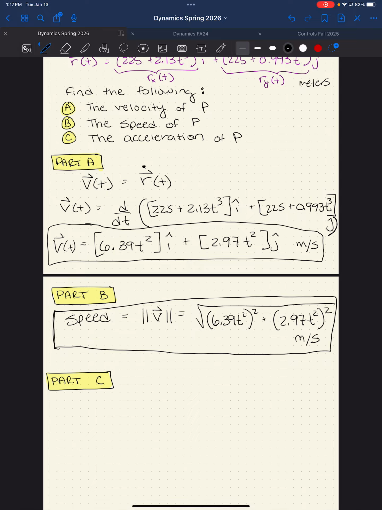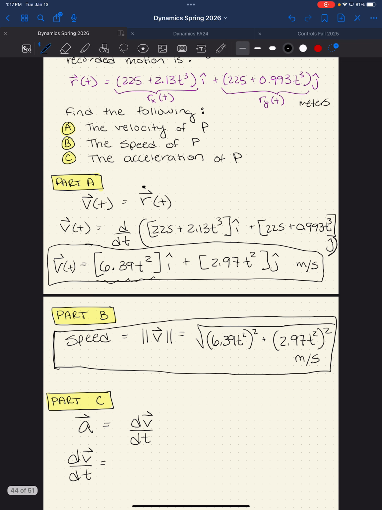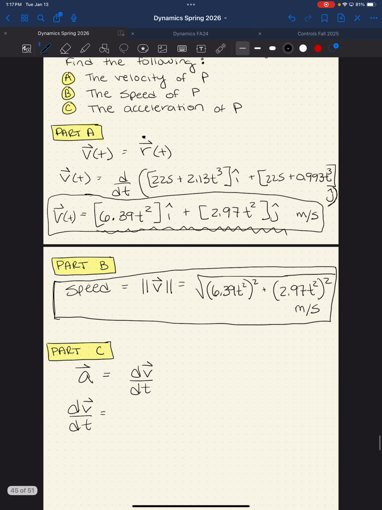So acceleration as a vector equals dv dt, the time derivative of exactly what I boxed for part A. So we should get 12.78 t i hat plus 5.95 t j hat. And the units are meters per second squared. Very good.